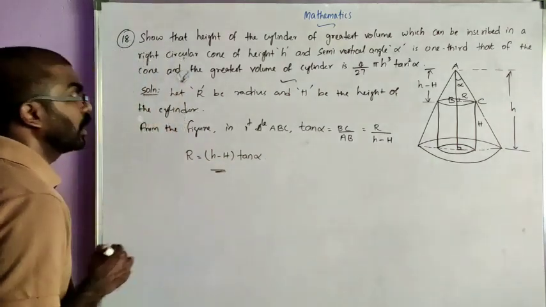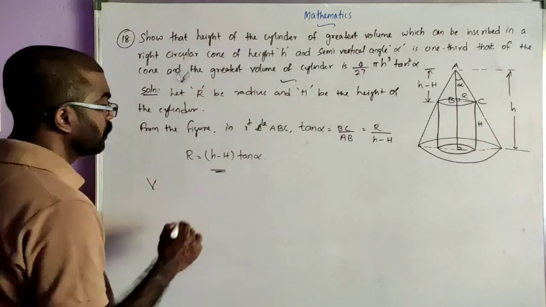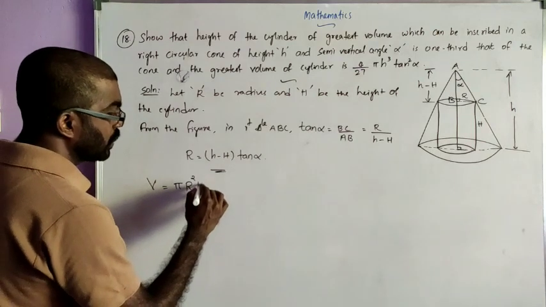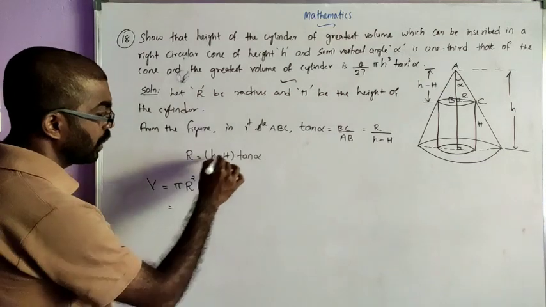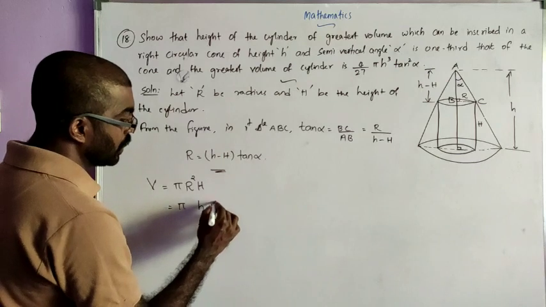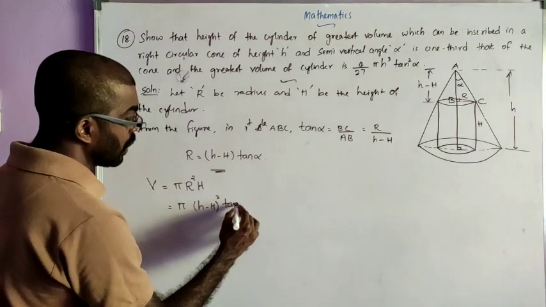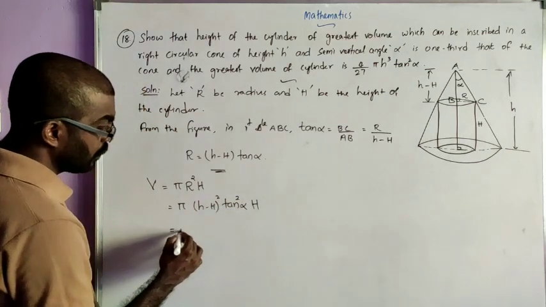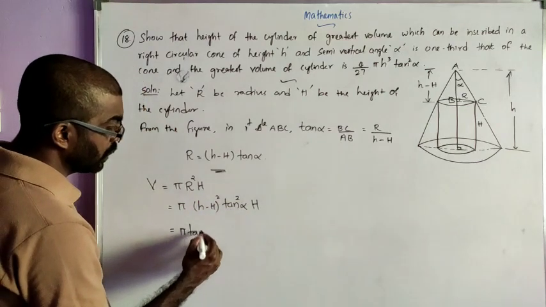Okay. Now we can find the volume. Volume of the cylinder is pi r square h. So pi capital R square capital H. And we can replace the value of R. So pi into (h minus H) the whole square tan square alpha into H. Pi tan square alpha we can write first.